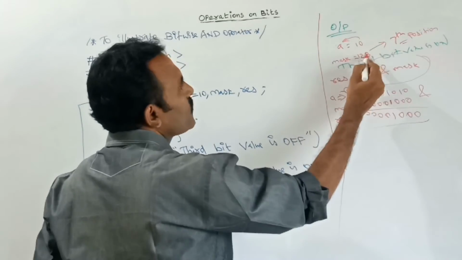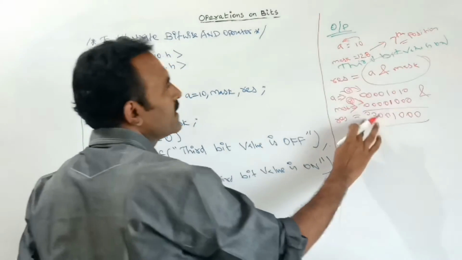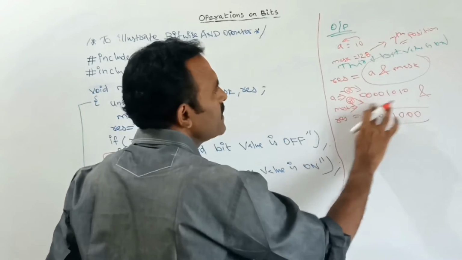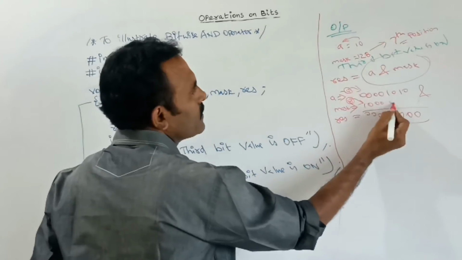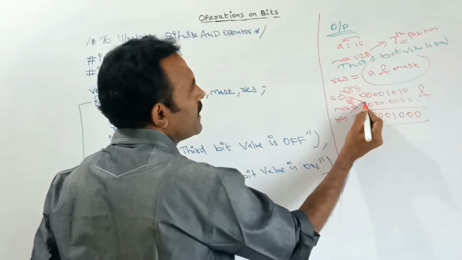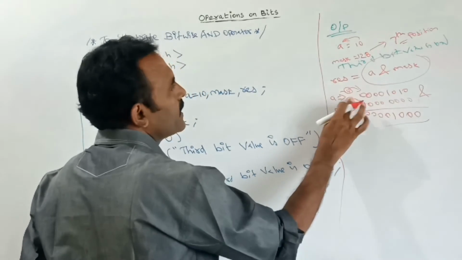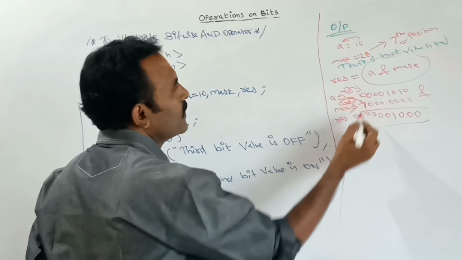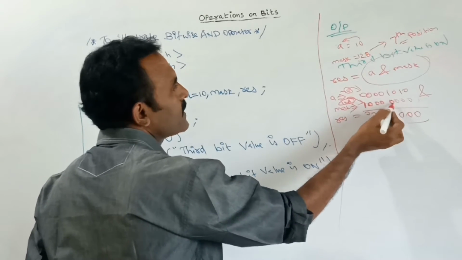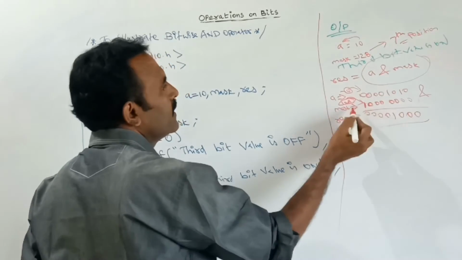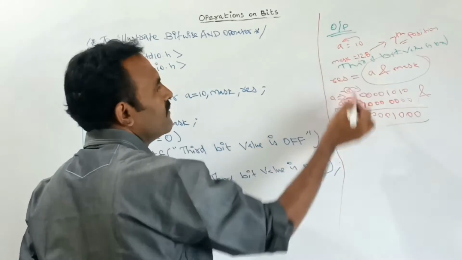Here we should use 128, because this is the binary value of 128: 1 0 0 0 0 0 0 0. So here I can give only the decimal or hexadecimal value. So here I am using this 128 decimal value.